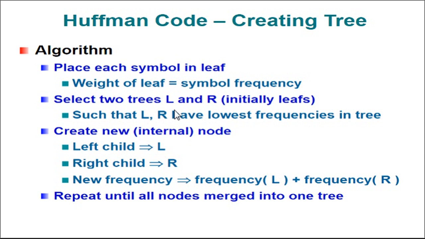We have to select these 2 leaves in such a way that they have the lowest frequencies. Then create a new node. The new node is created by adding the frequencies of these 2 leaves L and R. So the new frequency will be equal to frequency of L plus frequency of R. And this process is to be repeated until all the nodes are merged into one tree.